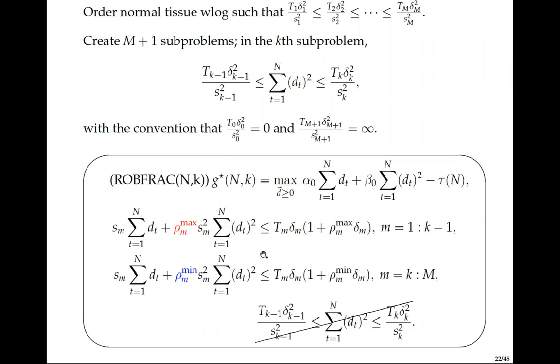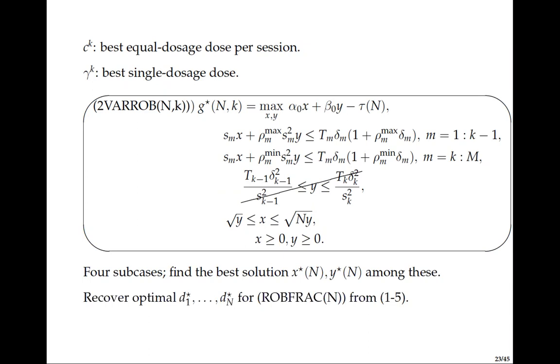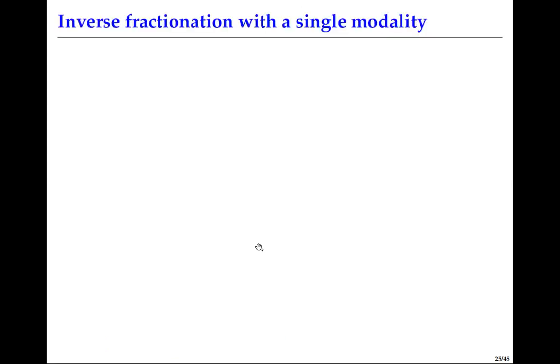And the form of each of those sub-problems is actually quite similar to the problem that we have seen earlier, the optimal fractionation problem. You can further look at subcases for each subproblem, and it turns out that you can solve those exactly via a simple procedure. So the details behind this are included in the tutorial.